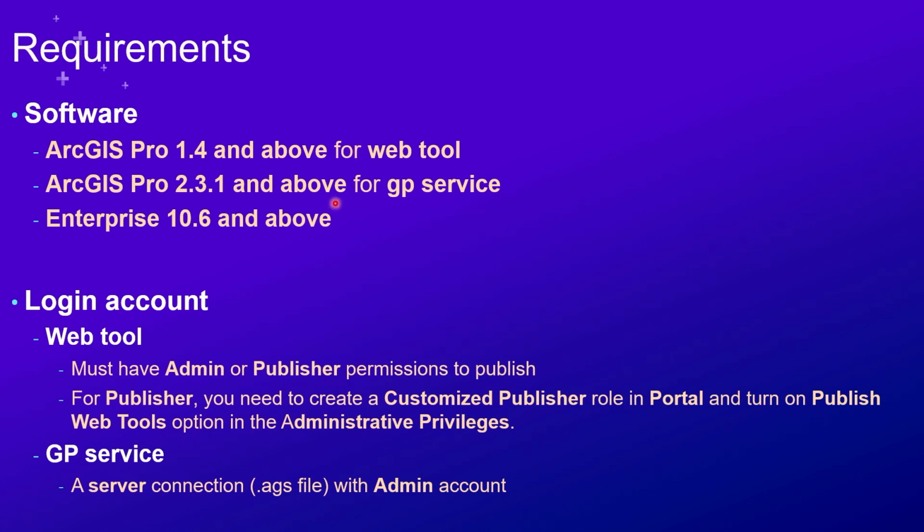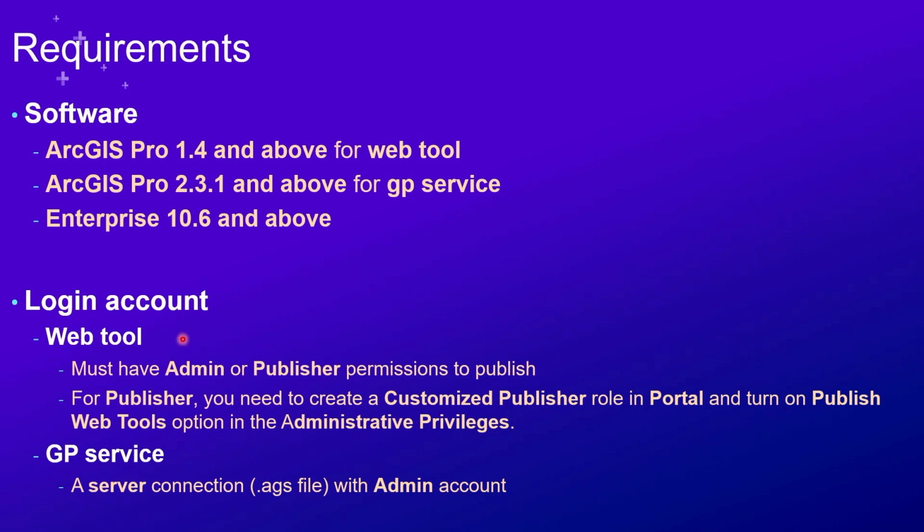Now, if you want to publish a GP service, you need to have Pro 2.3.1 and above. But again, we always recommend you use the latest version, which is 2.5 for now. And once you have the software, you need to have a login account.